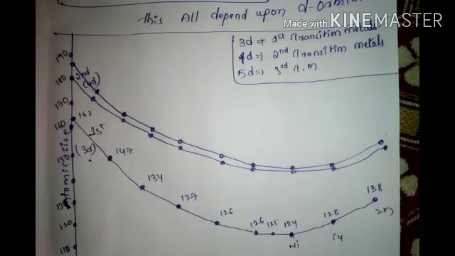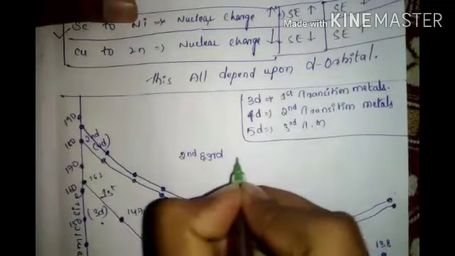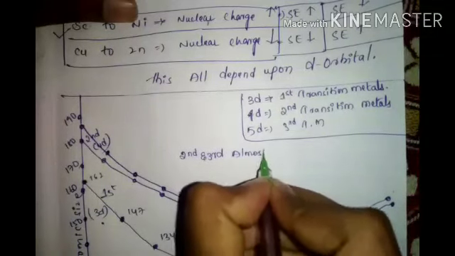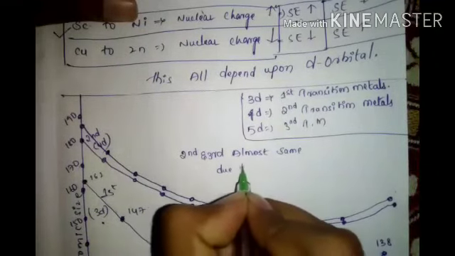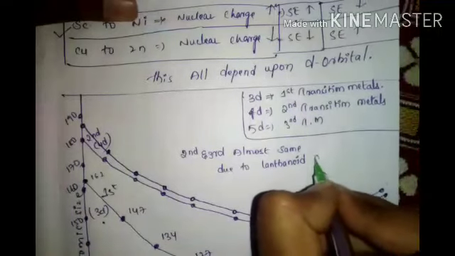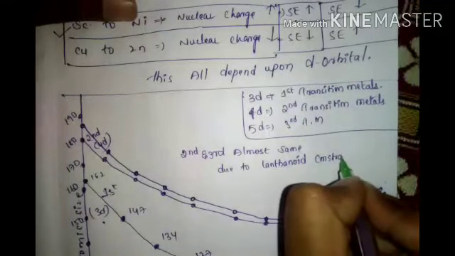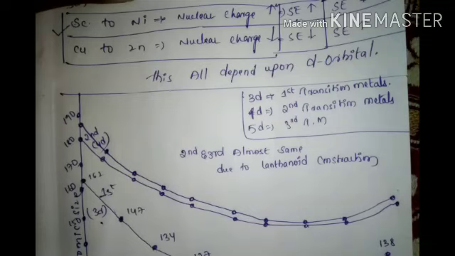Why is it going by touching? Almost equally both are the same. Second transition elements and third transition elements are almost the same due to lanthanoid contraction. Lanthanoid contraction we will discuss later, next class.